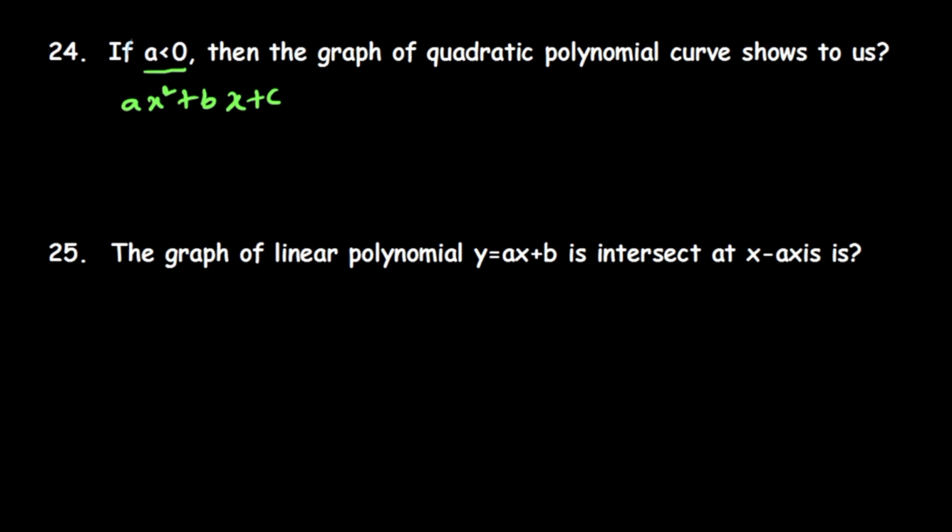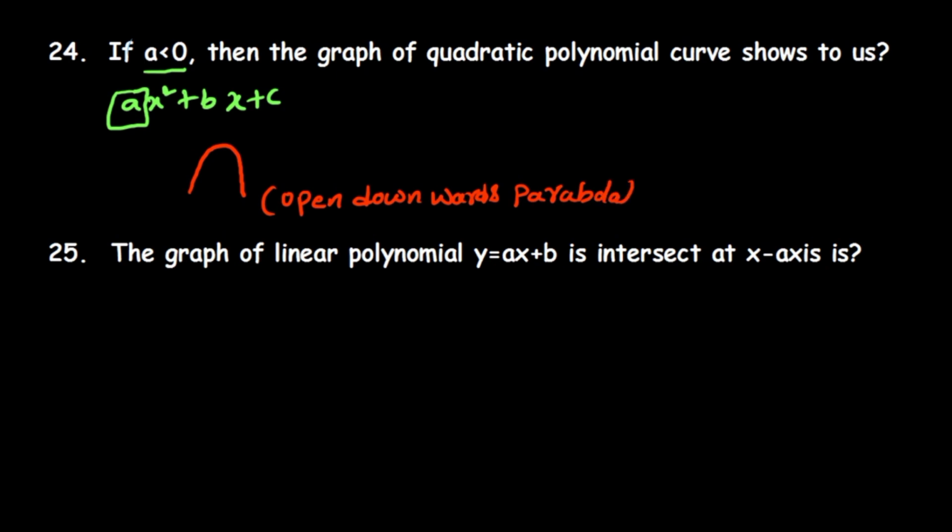But here a is less than 0, which means if you have a negative value, you get a downwards parabola like this. So your answer is: opens downward, a downwards parabola.